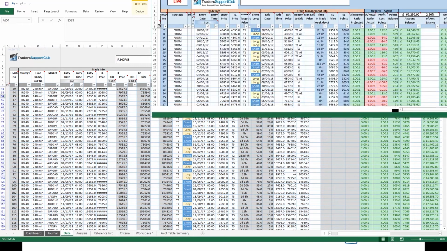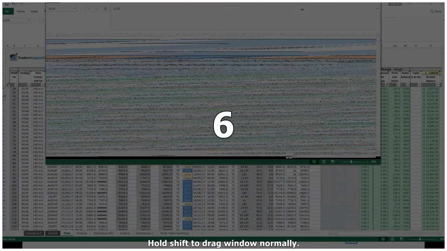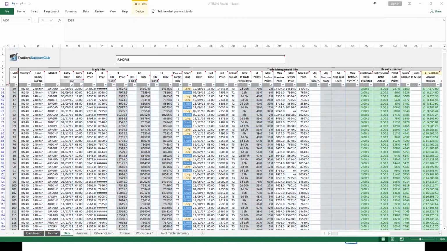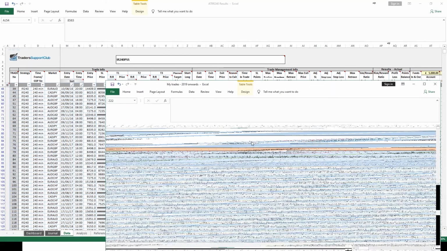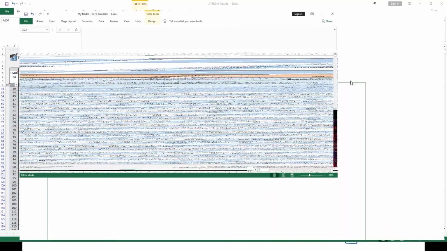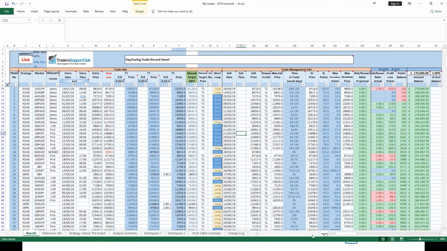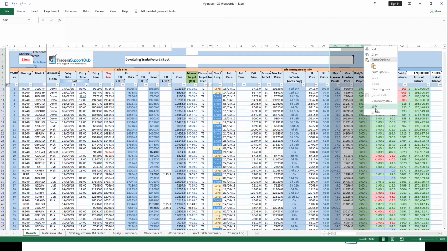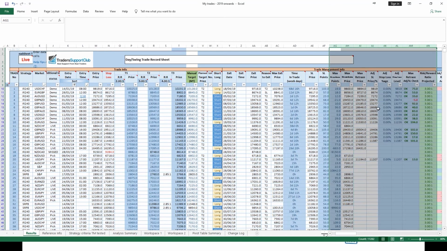So if I bring in, bear with me a second, some of my trades, what I will do on some of my trades is look to see whether or not it is okay to move my stop. Let me just show you the columns there.